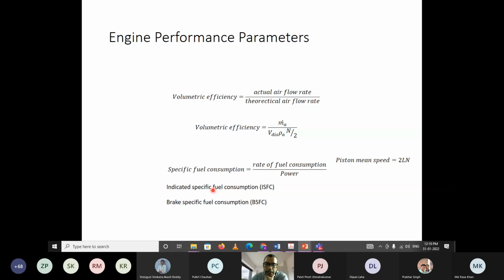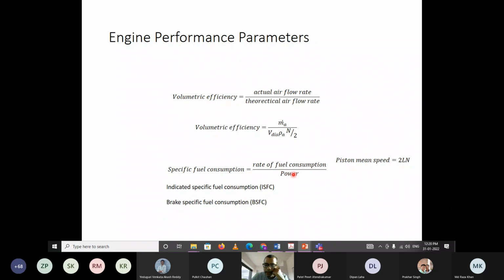Similarly, in terms of fuel consumption, two parameters are specified. One is called indicated specific fuel consumption, that is ISFC, or brake specific fuel consumption, that is BSFC. It represents how much fuel is required in order to produce 1 kilowatt of power output.